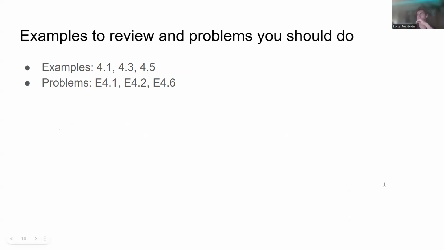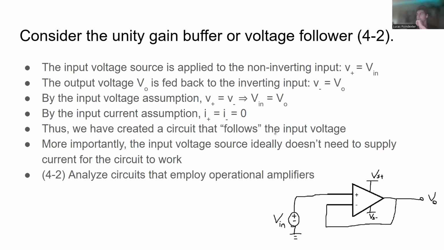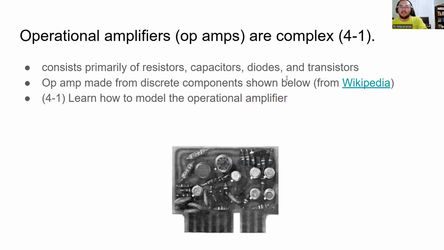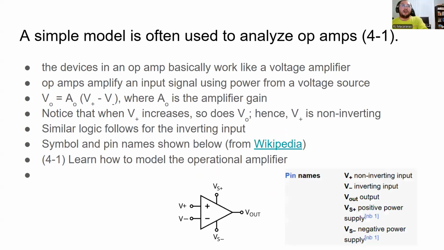I had a question, RJ. Yeah, what's up? Can you maybe explain again how there's no current going through the input nodes and how that works? Well, it's a simplification of this mess here. It's hard to go into detail without looking at the innards of this circuit.